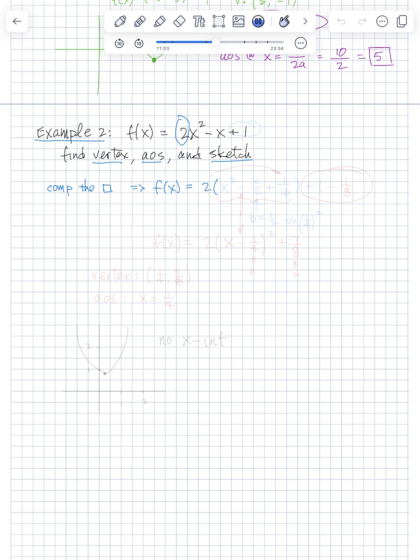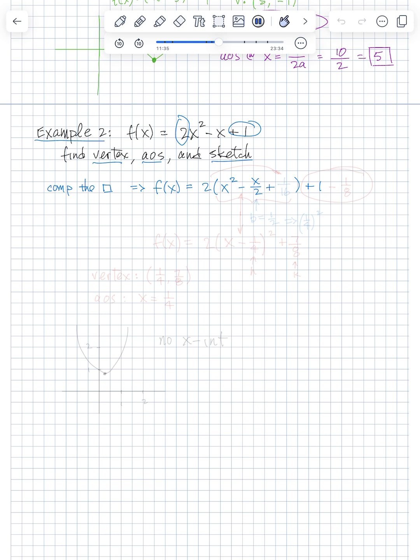Now when we factor 2 out of the x squared, we just have x squared. Minus, when we factor a 2 out of the minus x, we have minus x over 2. Then we put a plus, space, close the parentheses, and then we have to add 1 because of this here.